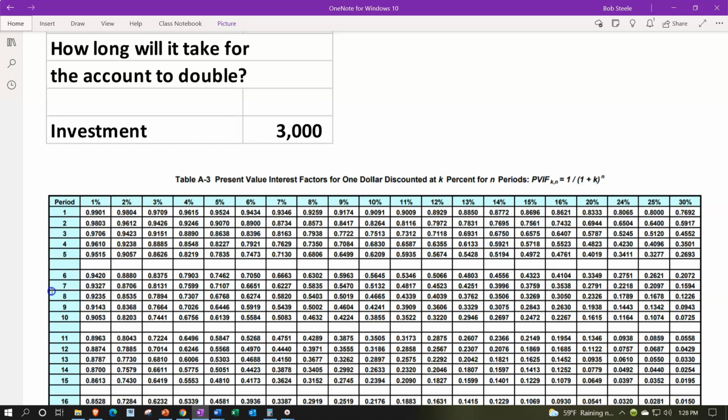If you're dealing with something that's compounding monthly or semi-annually, as is sometimes the case with bonds, then the periods over here could represent something other than years, like half years, 6 months, or months. But if that is the case, you have to make sure you have the corresponding rate up top.